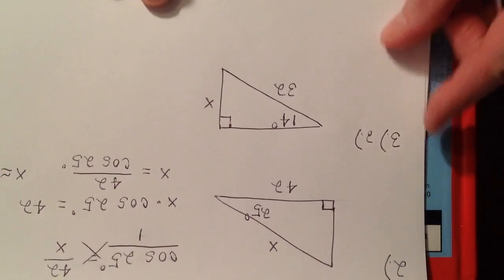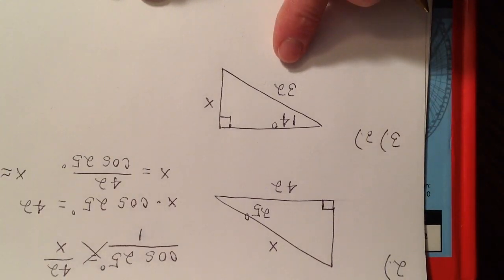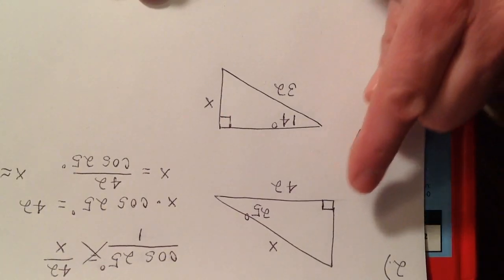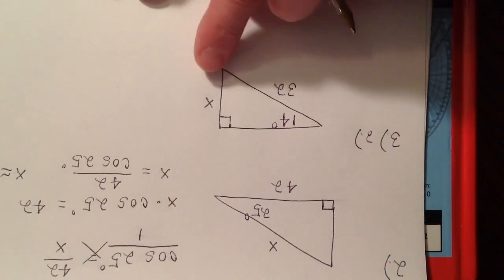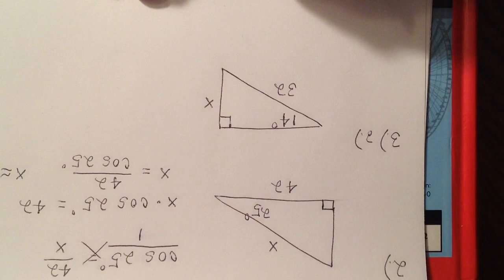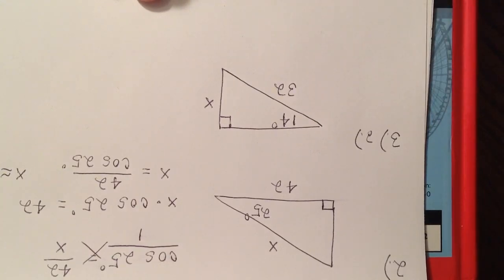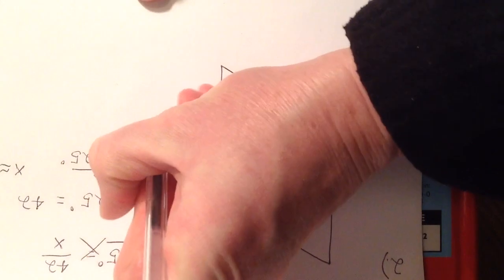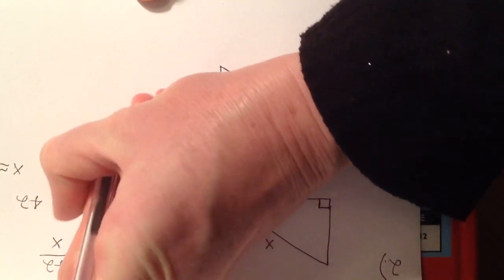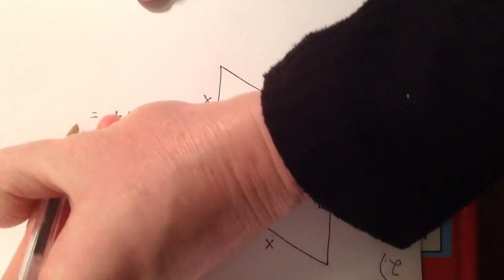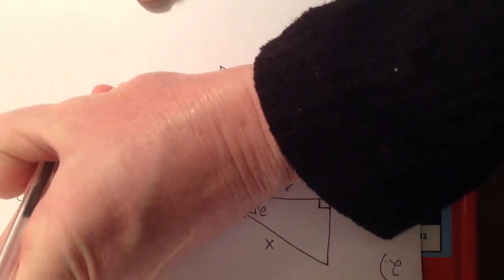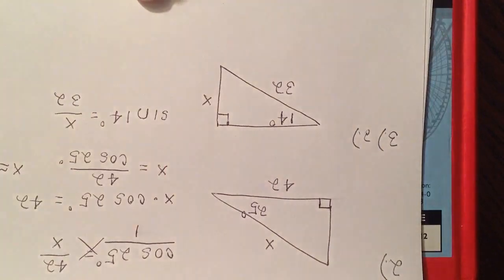Diagram 3A. This time, again, our hypotenuse is involved. Anytime the hypotenuse is involved, we're either dealing with sine or cosine. But this time, unlike diagram 2, the side that's involved is the side opposite the given angle, which means we're dealing with the sine, since the hypotenuse is 32. So the equation would be the sine of 14 degrees equals the side opposite, which is x, over the hypotenuse, which is 32.